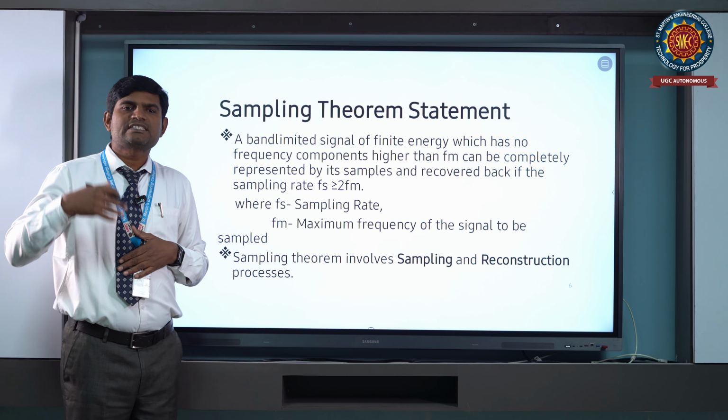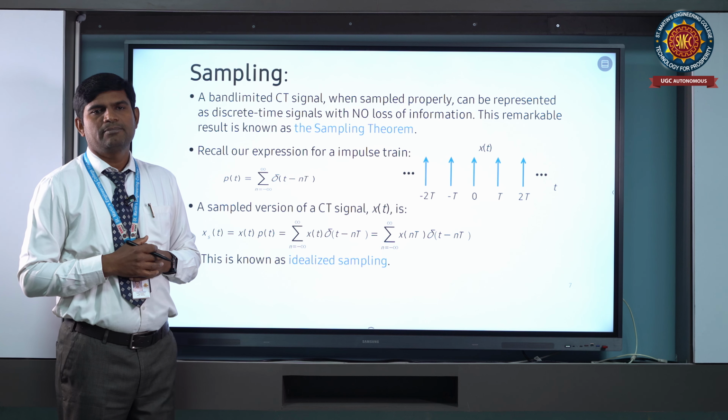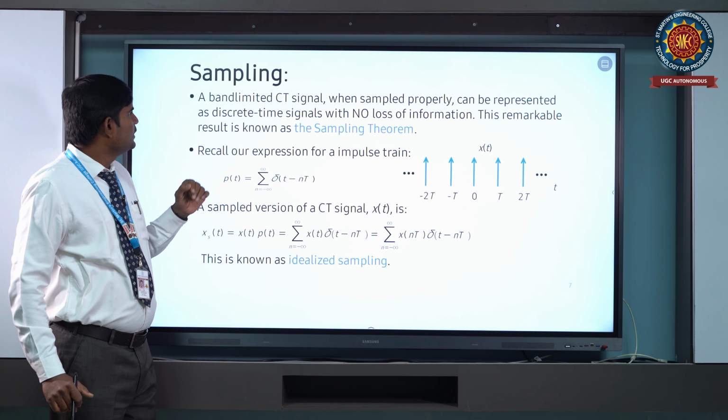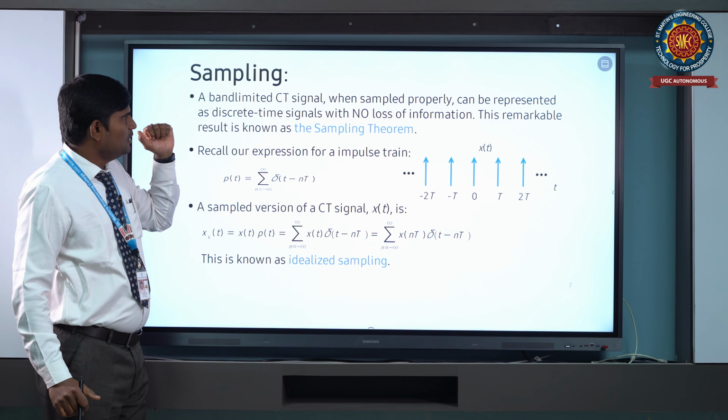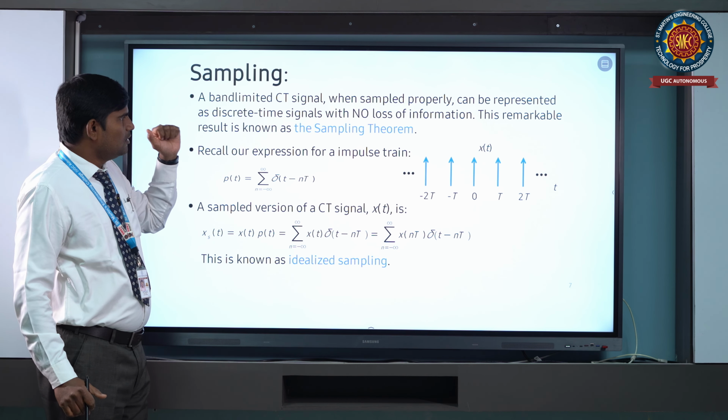Now, coming to the mathematical approach, how a sampling theorem can be represented mathematically. A band limited continuous time signal, when sampled properly, in the sense of maintaining the condition Fs greater than or equal to 2Fm.